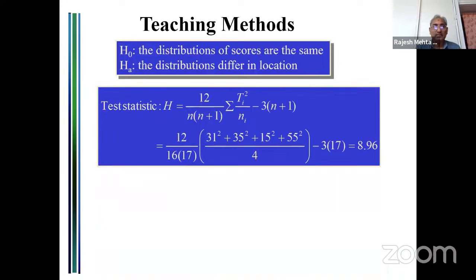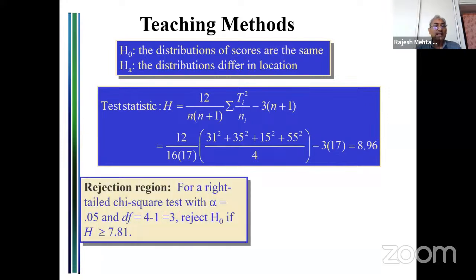And then this 8.96, we need to interpret what it means. Just like Z is more than 2, or Z is 3, 4, like that. H is 8.96. That means for a right-tailed chi-square test, alpha is equal to 0.05 and degrees of freedom is equal to 4 minus 1, which is 3.